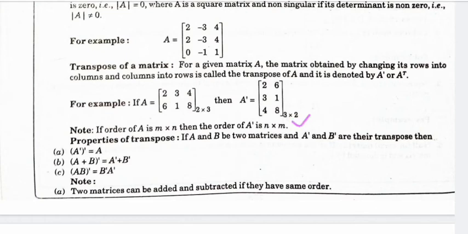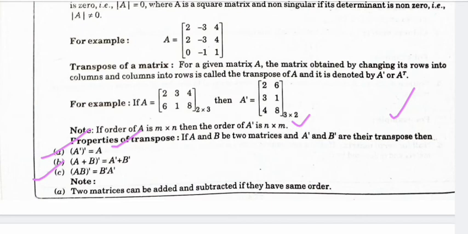Now come to the properties of the transpose. If A and B are two matrices and A transpose and B transpose are their transposes, then the double transpose of any matrix is itself, that is, (A transpose) transpose is equal to A. Property B says (A plus B) transpose is equal to A transpose plus B transpose.